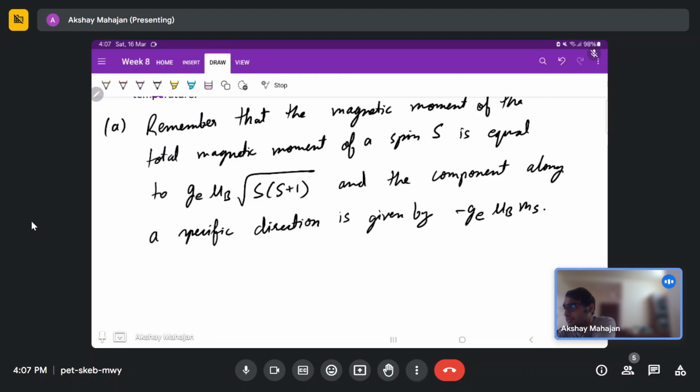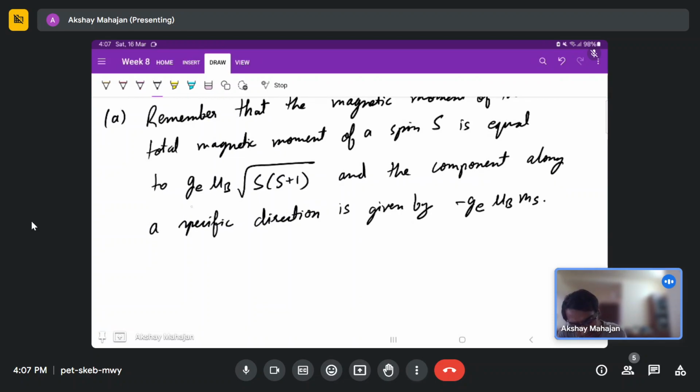Alright, so this is our total magnetic moment, and this will be our magnetic moment in a particular direction.